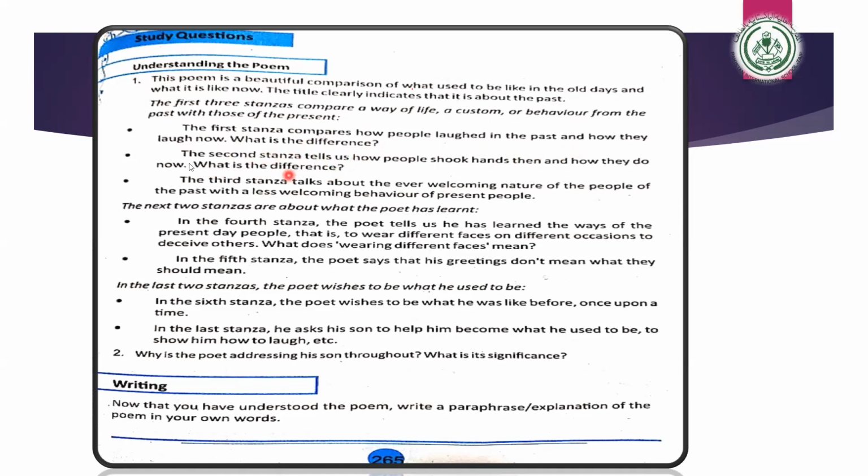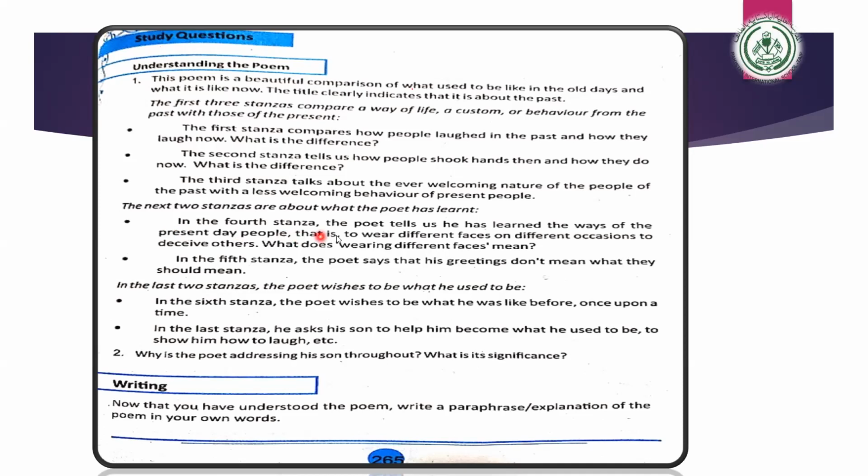What is the difference? The second stanza tells us how people shook hands then and how they do now. What is the difference? And the third stanza talks about the ever welcoming nature of the people of the past compared with the less welcoming behavior of present people. The next two stanzas are about what the poet has learned.